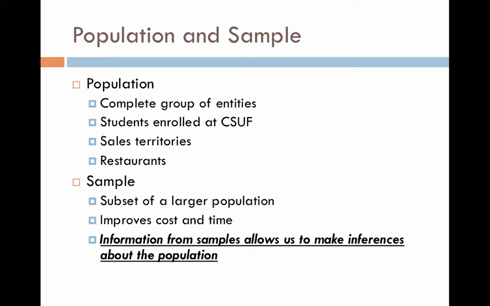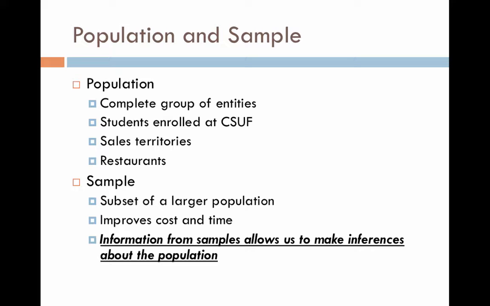Now when you're doing a study, you don't have the time or the energy, and it's not really necessary, to interview, poll, or survey every member of the entity. We don't need to interview or survey every student at Cal State Fullerton to get good data. What we need to do is decide on a sample.